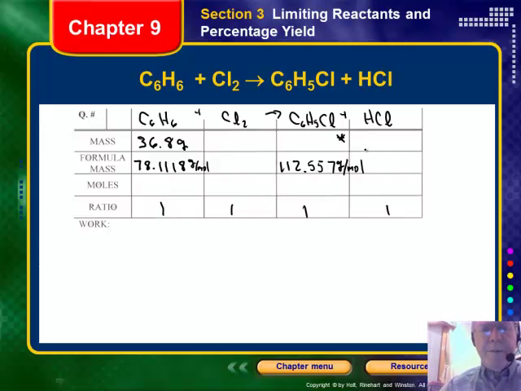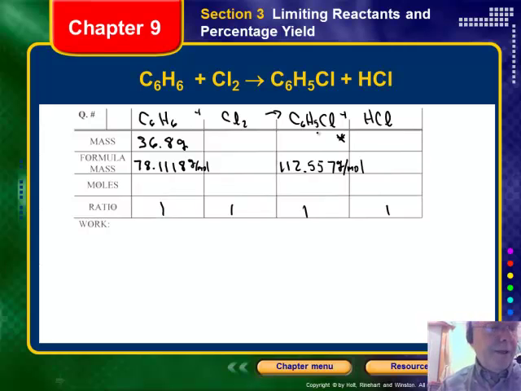Now I'm going to divide down and multiply up to get the grams of chlorobenzene. So 36.8 divided by 78.1118, divided by 1 times 1, which doesn't do anything, times 112.557.